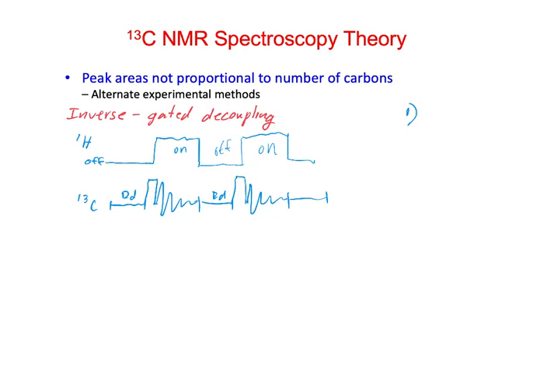Will this spectrum have proton decoupling? It should. Yes, because we have the decoupler on during acquisition. Okay, so that's when we see decoupling. So we will see a decoupled spectrum. What about NOE? We will not have it. That's what I'm thinking. Either we don't have it or it's drastically reduced.